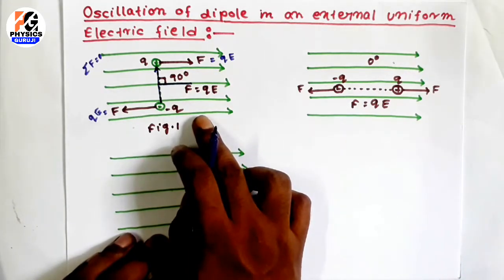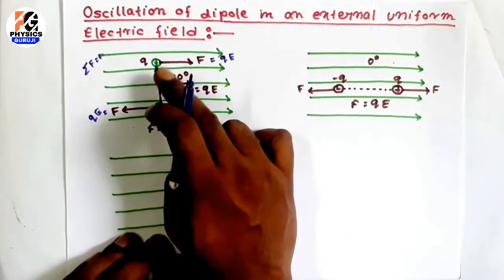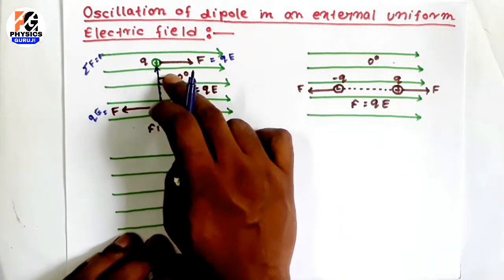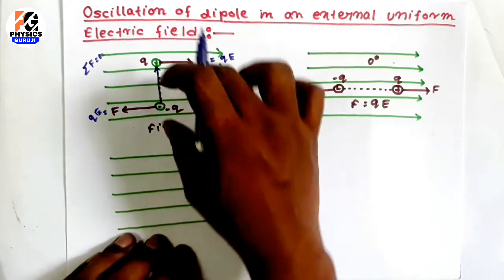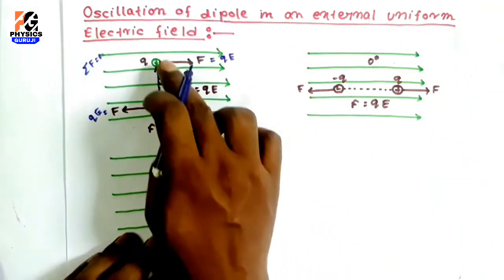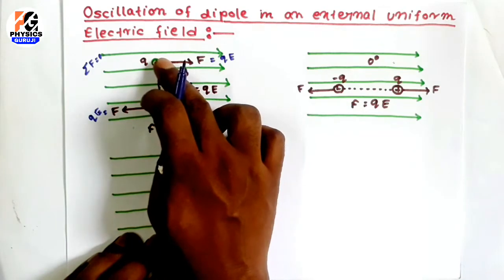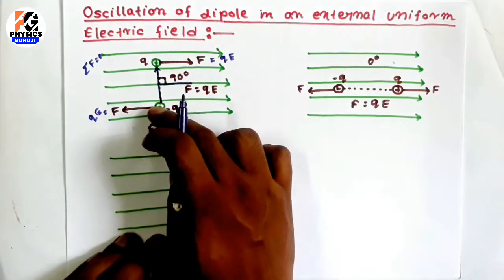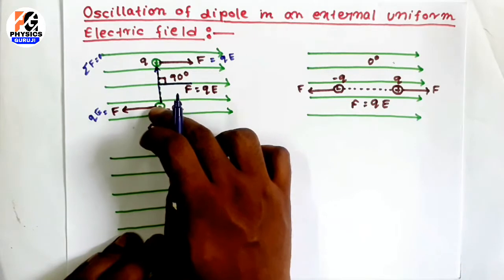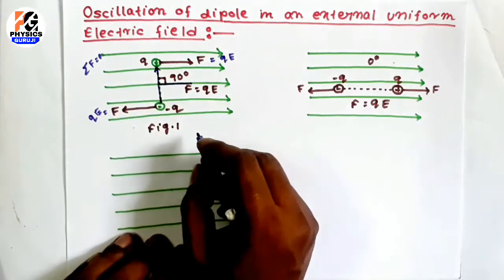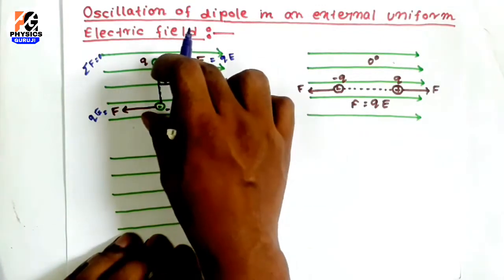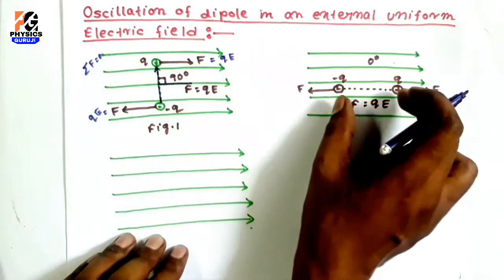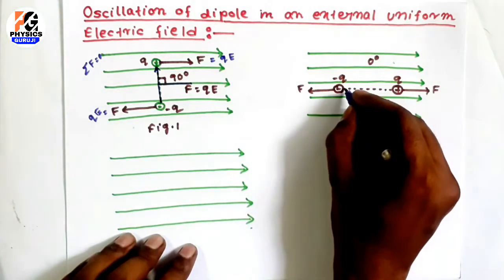As the two forces are not collinear, they will produce a torque, and here the torque is clockwise. This force will tend to move the positive charge in this direction, and this force will tend to move the negative charge in this direction. So a clockwise torque makes the dipole align in this parallel position.